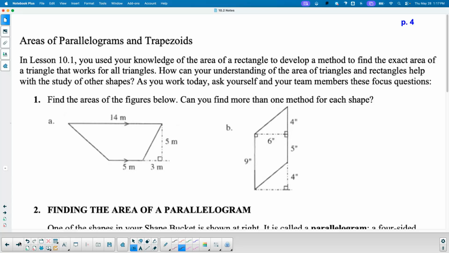The trapezoid. What do I know about a trapezoid? It's only got one pair of opposite sides parallel, right? Okay. So if I wanted to find the area of the trapezoid, what would I do? Right now, with no formula.